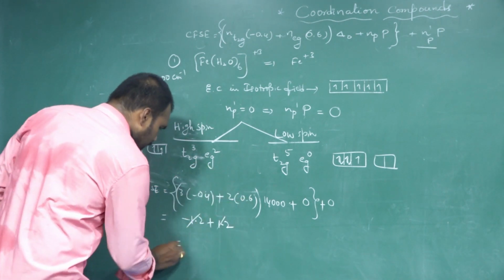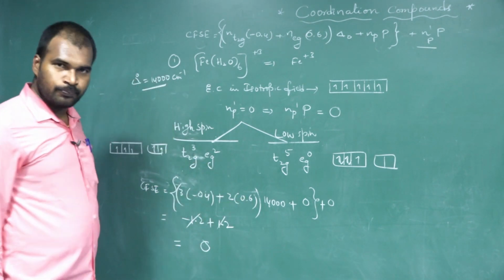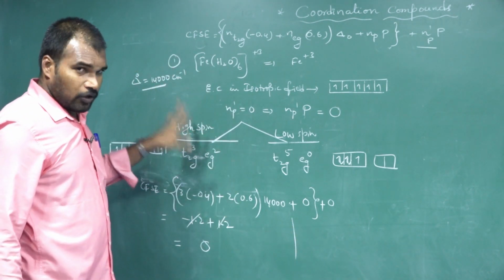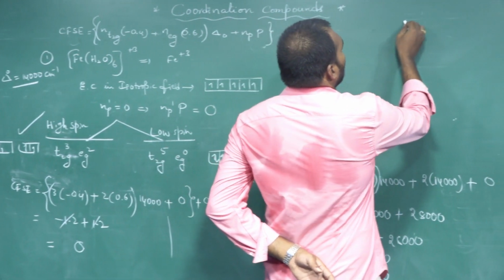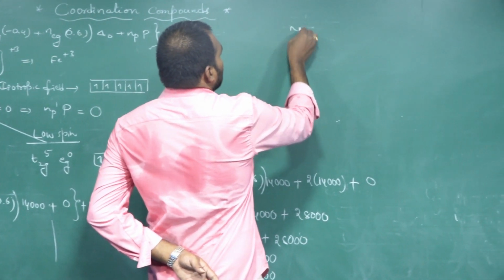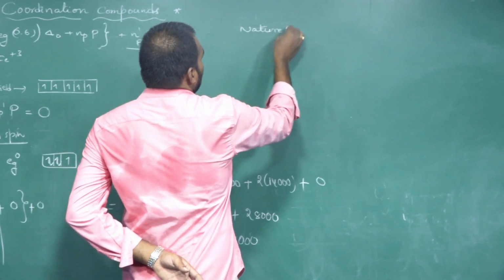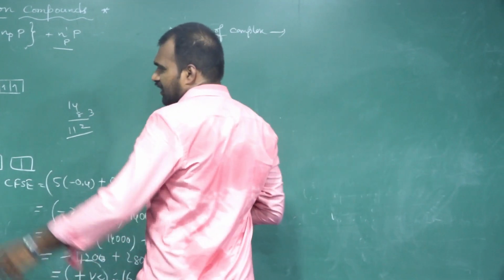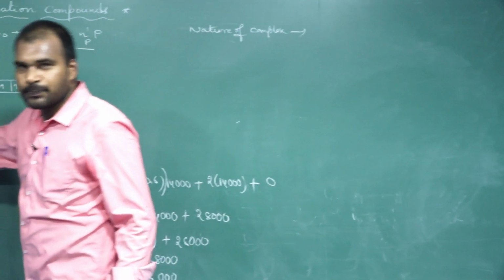The final value here is 0. So this is the crystal field stabilization energy for the high spin complex. Now the magnetic nature: first of all, the nature of the complex. What is the nature of the above complex? High spin complex.